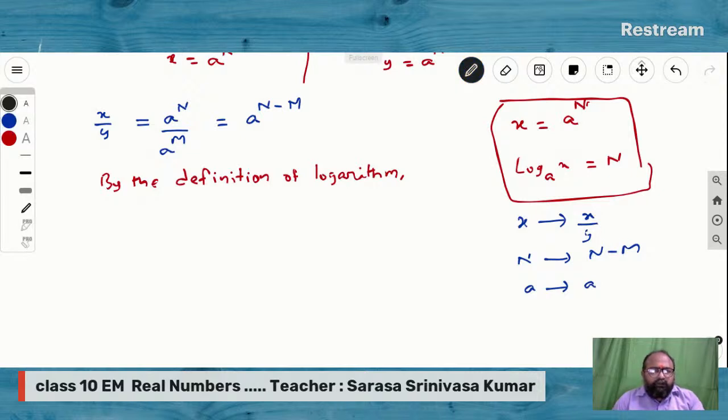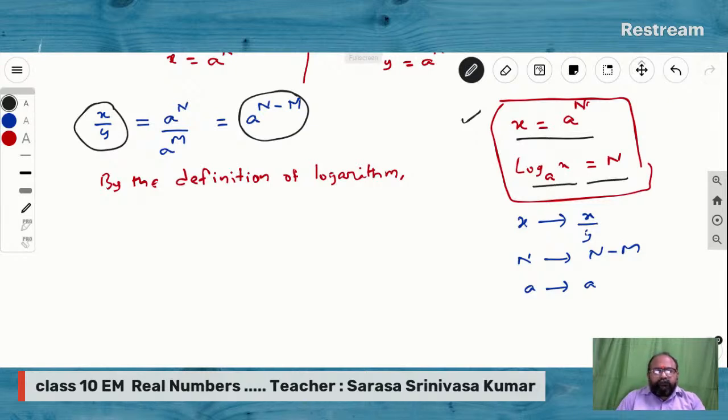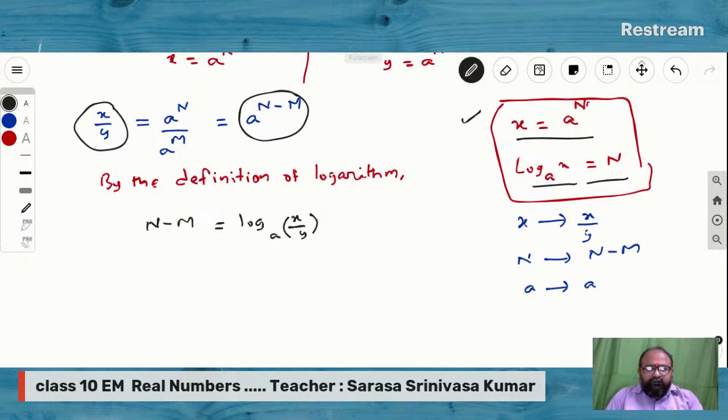So now you see this formula. This is of the form x equal to a power n. Compare this with the formula x equal to a power n. Then you get log x base a equal to n. So from this we can write n minus m equal to log x by y base a.